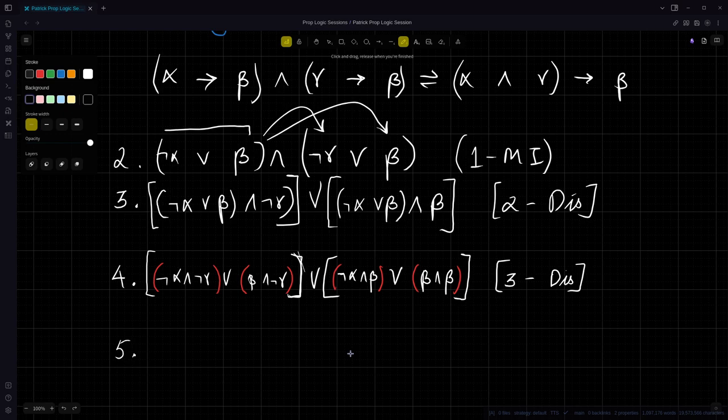We could do maybe another distribution. How? By taking the bracket on the left, well, the big bracket, and multiplying it out or distributing it.